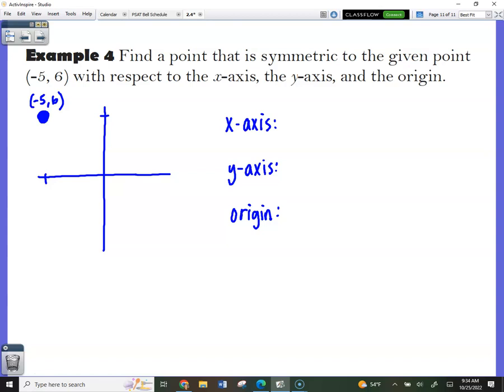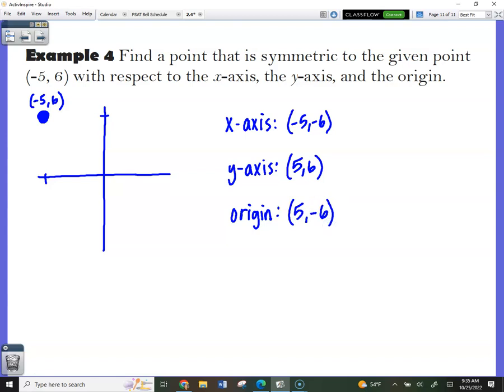Rotating 180. So what point is symmetric to negative 5, 6 with respect to the x-axis? Very good. What point is symmetric to negative 5, 6 with respect to the y-axis? What point is symmetric to negative 5, 6 with respect to the origin?